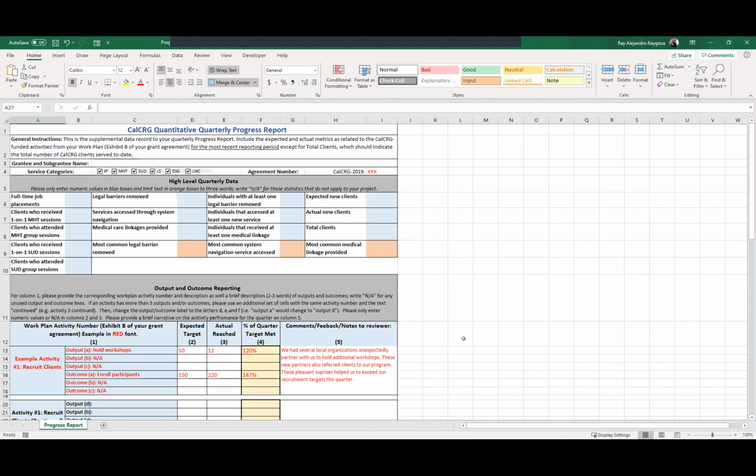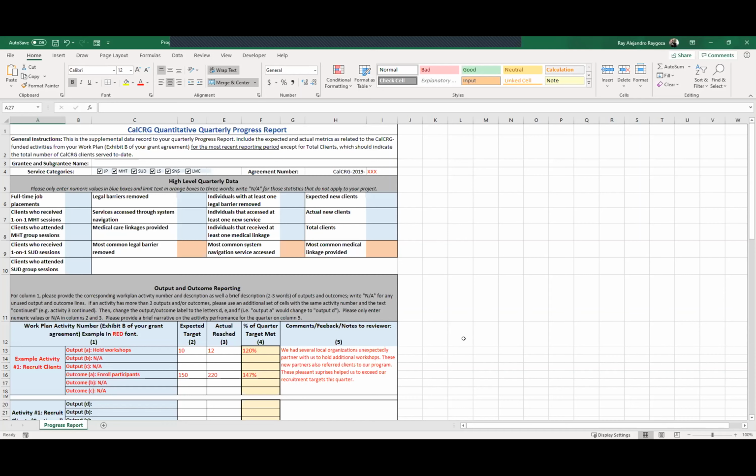Now we know that this may depend, some clients may or may not be comfortable with this, or because of legal reasons you may or may not be able to do so. We ask that if you are able to, you share those stories with us. However, you can share with your grant manager if this is not possible.